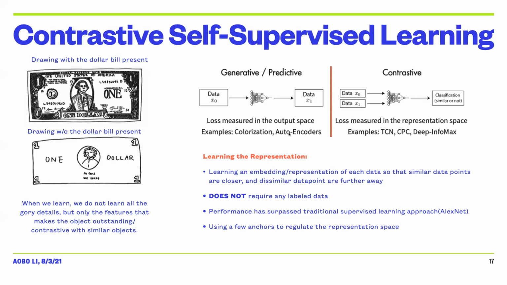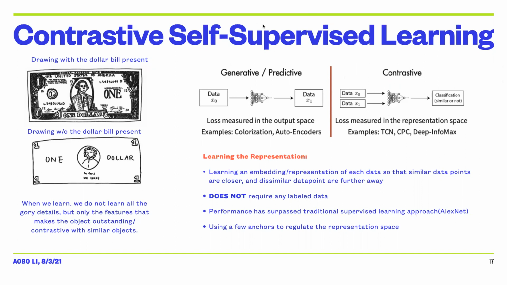But on the contrastive learning side, you have two data points, X1 and X0, and you feed both of them into your neural network, and you want the neural network to classify whether they are similar or not. In this case, the loss is measured in the representation space. Some of the possible models are TCN, CPC, and DeepInfoMax. We will talk about DeepInfoMax today, which I think is a very interesting and useful algorithm.